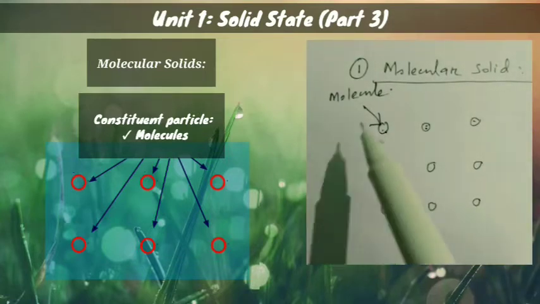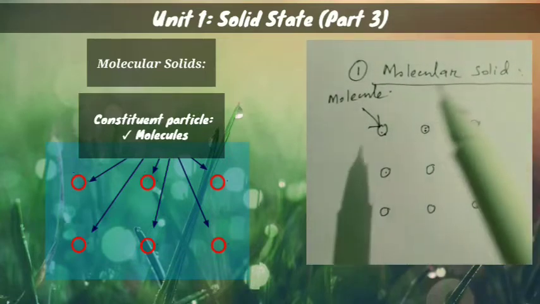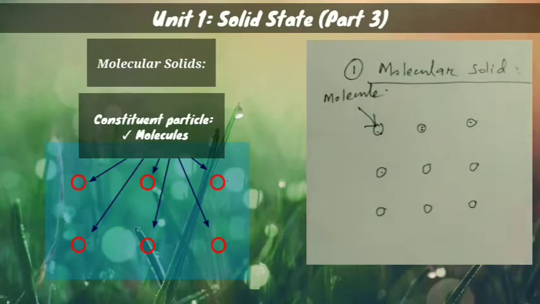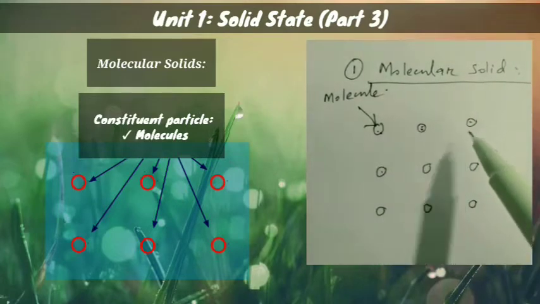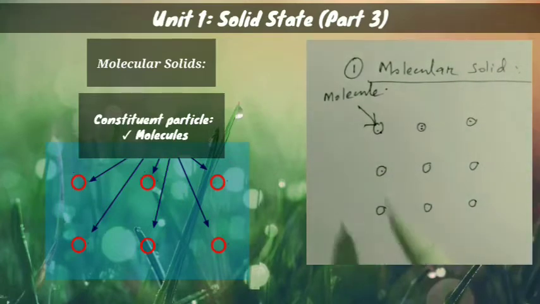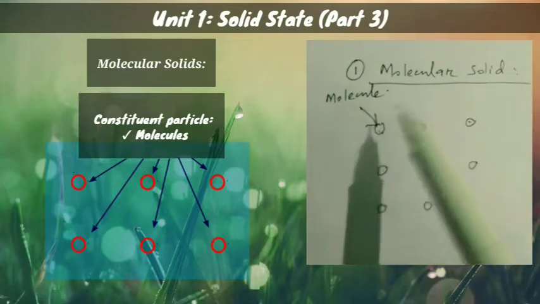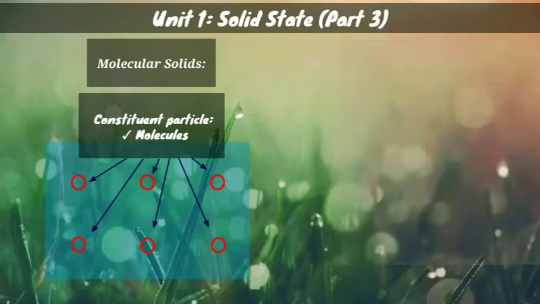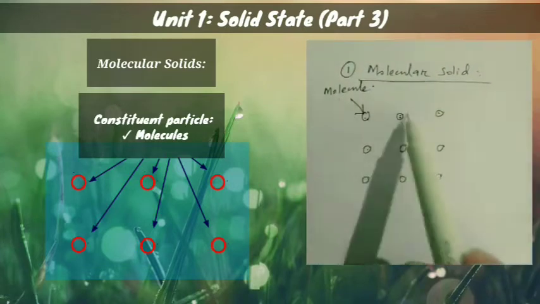So we can define the molecular solid like this: if the constituent particle of a crystalline solid is made of molecules, then that solid is known as a molecular solid.